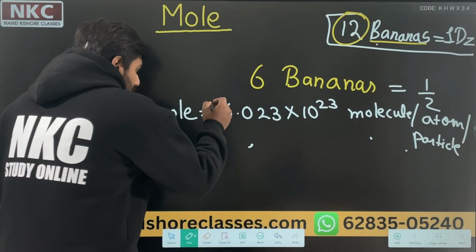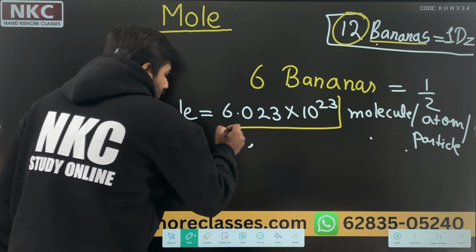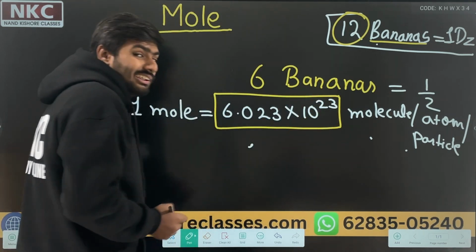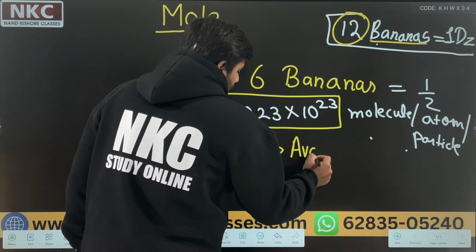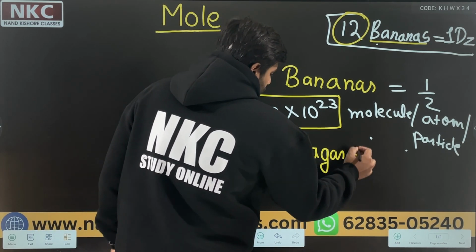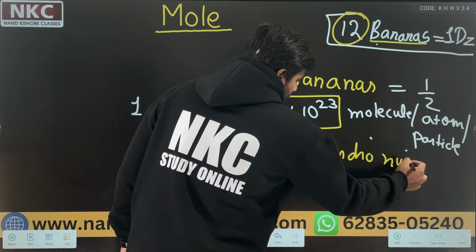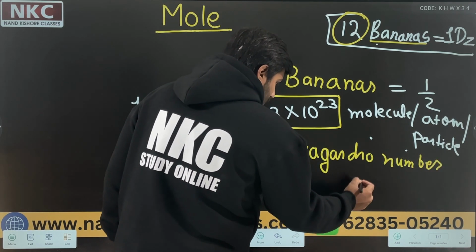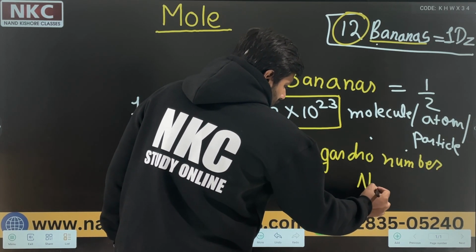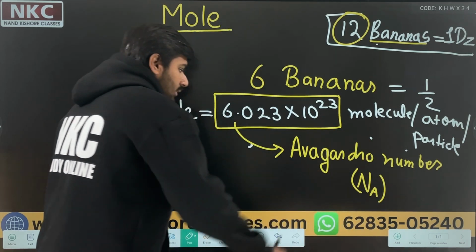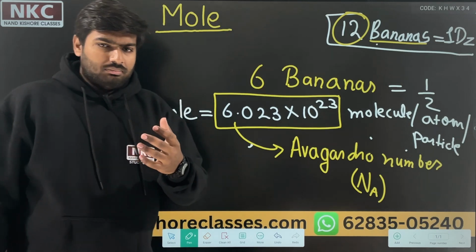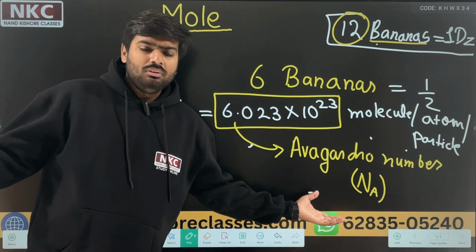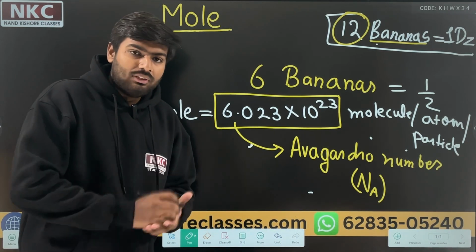Remember this quantity 6.023 × 10^23, because this is also known as Avogadro number, which can be written as capital N with subscript A. Remember this. It can be asked in your exams what is the meaning of Avogadro number.